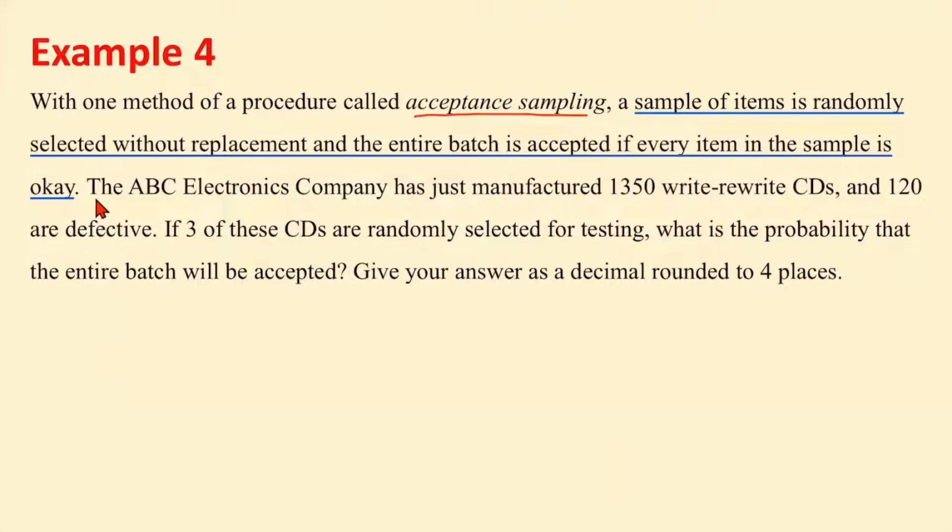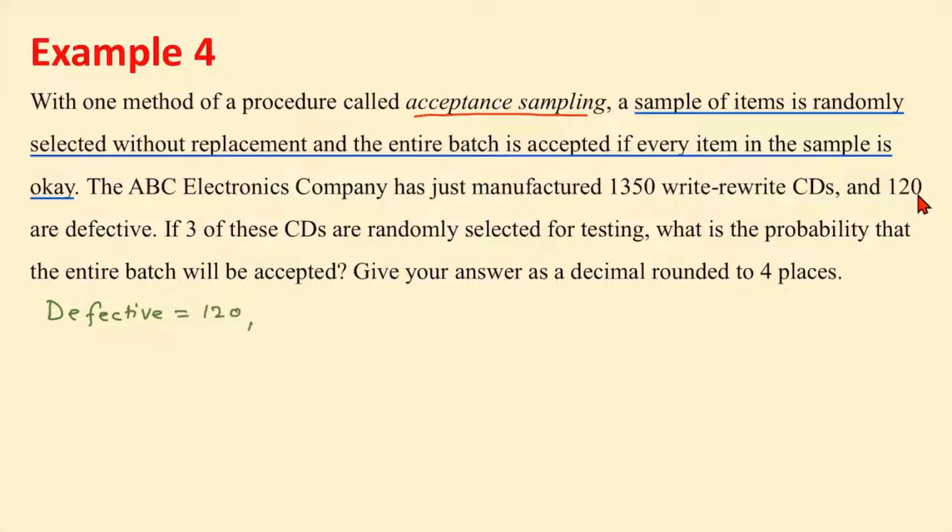And here we have the question on acceptance sampling. The ABC Electronic Company has just manufactured 1,350 rewritable CDs. So the number of CDs produced is 1,350 and 120 are defective. Let me write that information quickly. Defective is equal to 120.